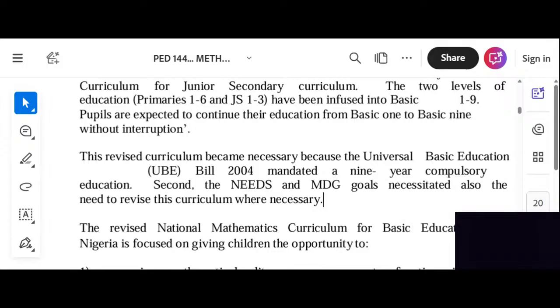Because Nigeria had new educational needs and wanted to achieve the Millennium Development Goals, the basic mathematics curriculum had to be reviewed and updated where necessary, so that it meets our needs as a country and also helps us align with the Millennium Development Goals.